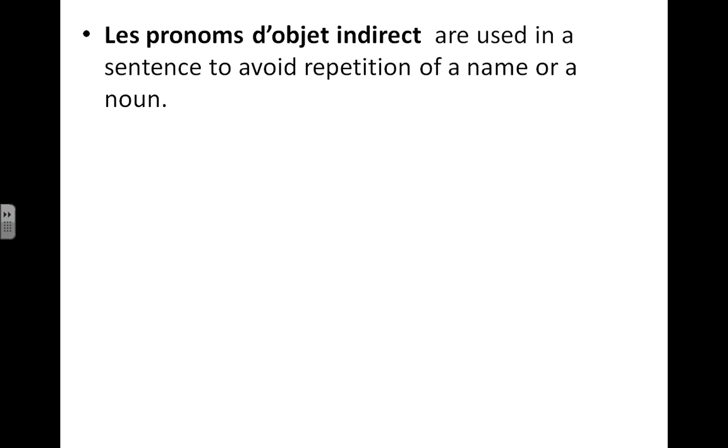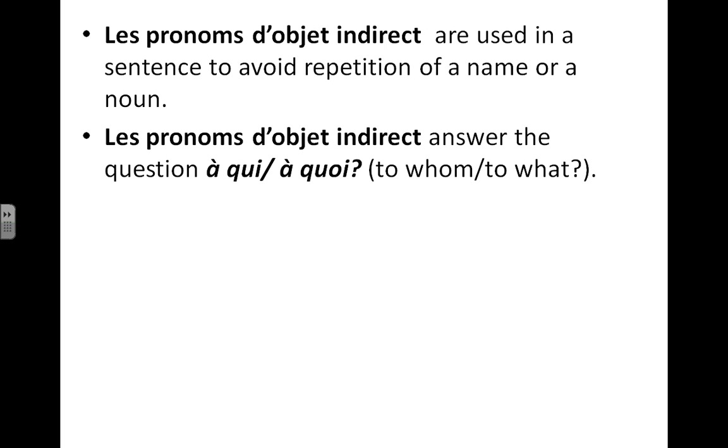You're trying to replace something, not repeat the same thing all the time in a sentence while you're speaking or writing. The pronoms d'objet indirect, instead of the COD, answer the question à qui, à quoi, to whom, to what. The other one was answering the question what, whom. This one, to whom, to what. So there's a difference there.